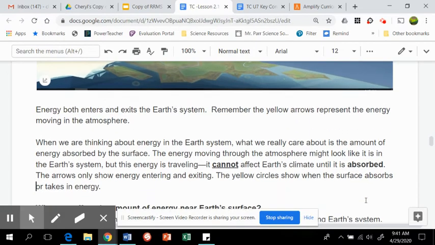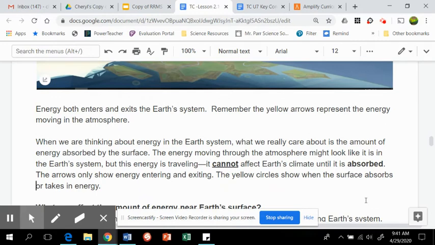When we are thinking about energy in the Earth system, what we really care about is the amount of energy absorbed by the surface. The energy moving through the atmosphere might look like it is in the Earth system, but this energy is traveling. It cannot affect Earth's climate until it is absorbed. The arrows only show energy entering and exiting. The yellow circles show when the surface absorbs or takes in energy.